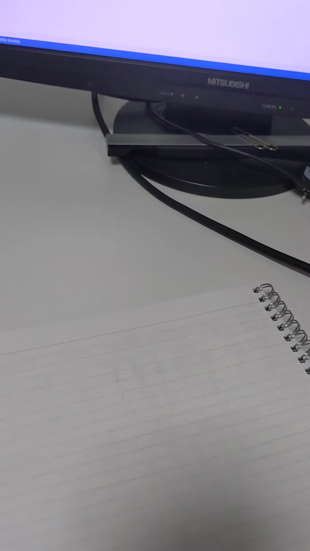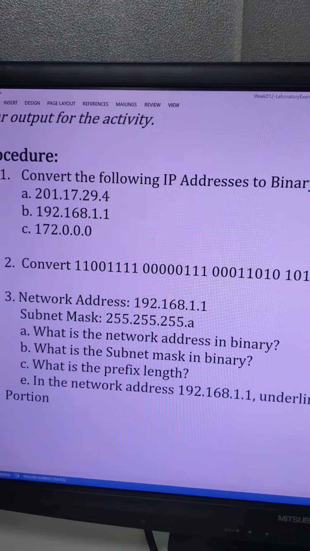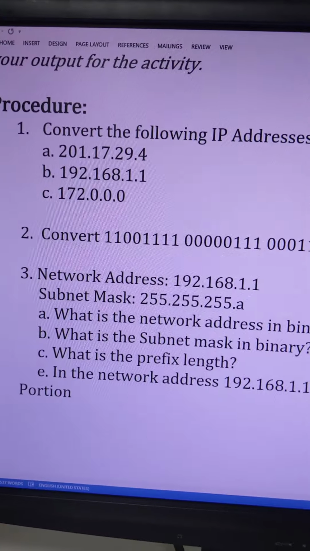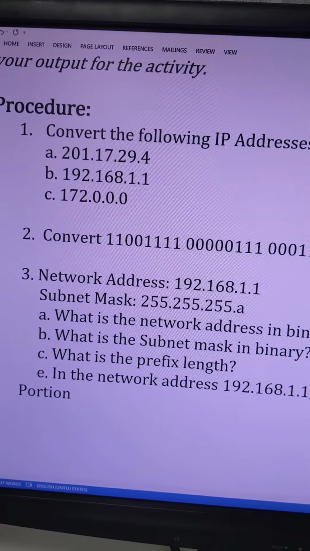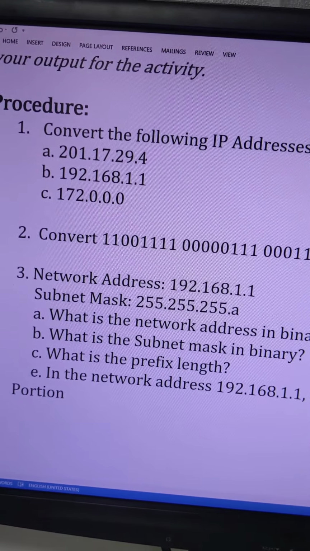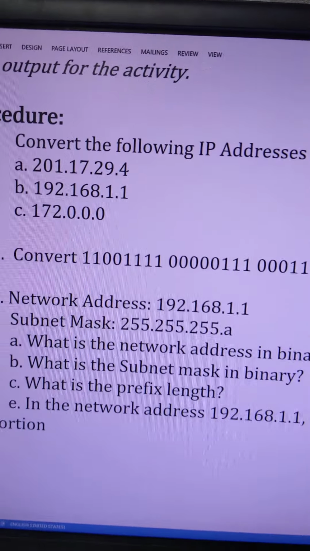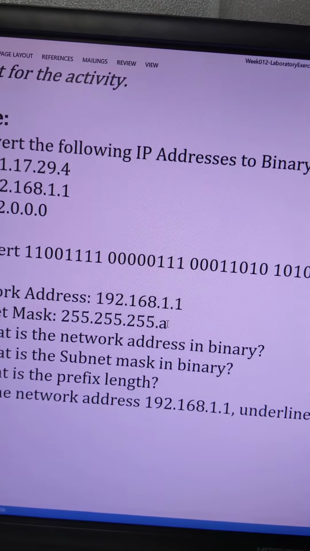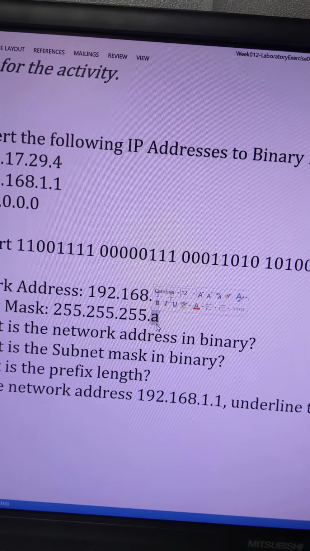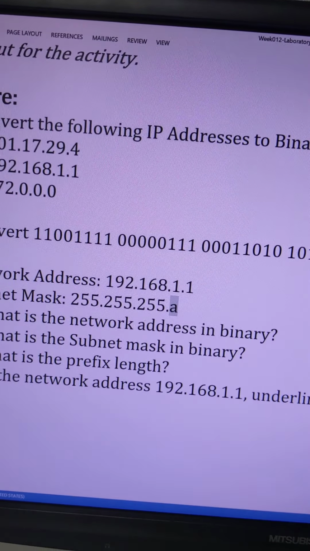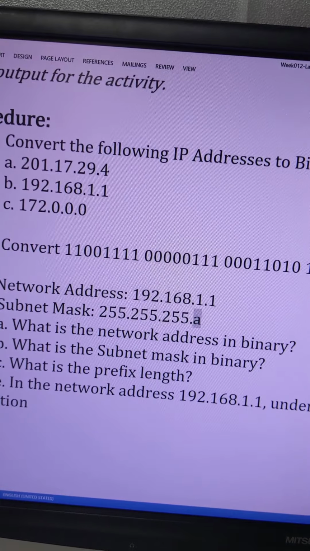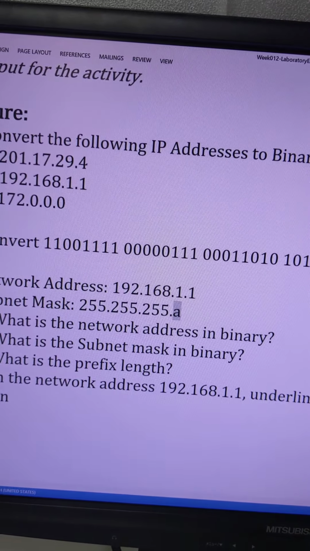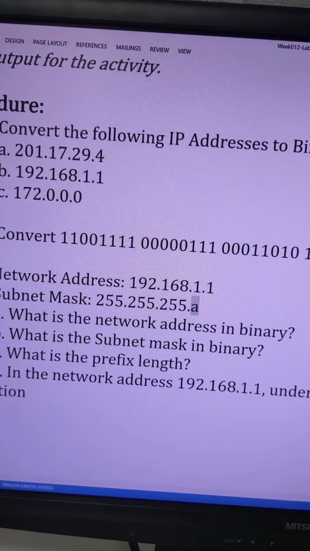Okay. Oh, here. So network address. So I think this one means 0. I assume this is 0, not, or 1.